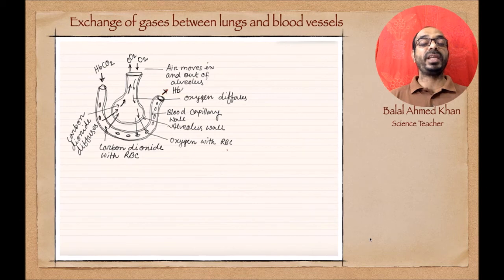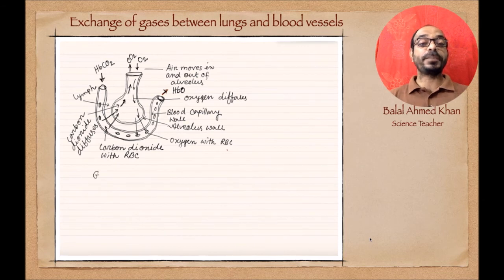When carbon dioxide is released, only the hemoglobin of RBC remains, a stable substance that receives in the RBC. So when RBC releases carbon dioxide, it becomes free, and free Hb receives oxygen when oxygen diffuses from the alveolus to the blood capillaries, forming oxyhemoglobin.